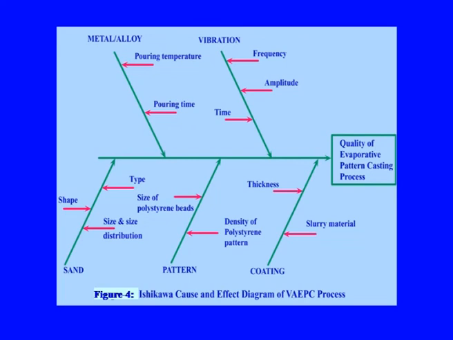Here the major parameters involve the metals and alloys, the vibration, the sand used, the pattern and the coating. The parameters involved in these affect ultimately the casting to be obtained as the product.